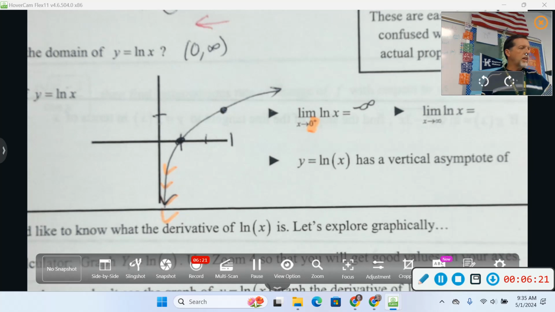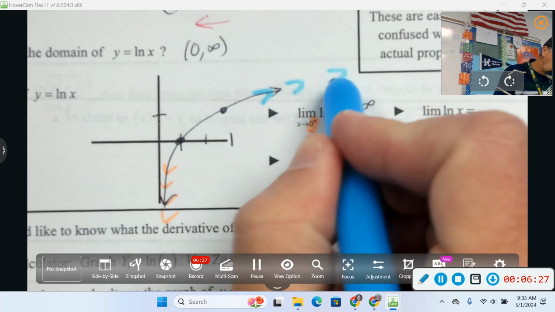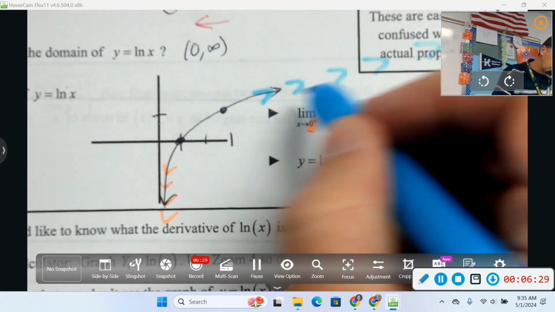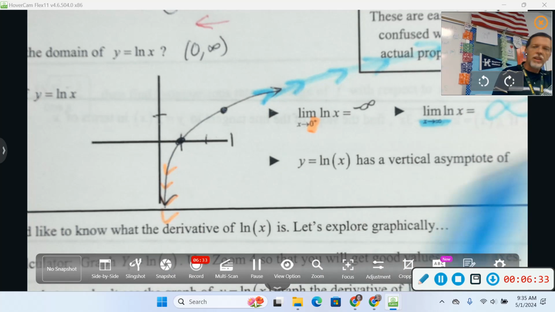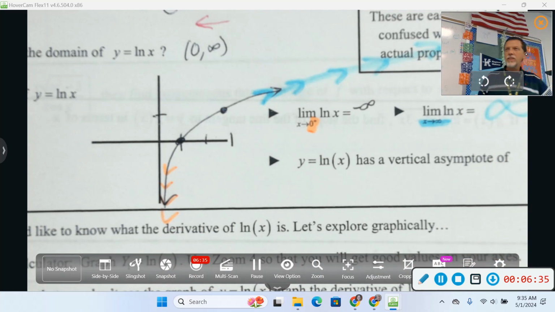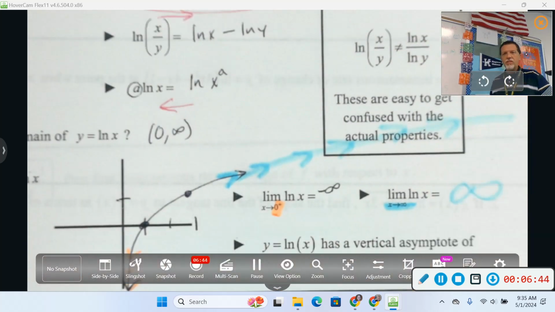How about on the other end of the graph? As x approaches infinity, what's f doing? It's headed to infinity, kind of slowly, relative to a lot of the other graphs that are concave up, that approach it more quickly. This one approaches it more slowly, but it's headed that way.